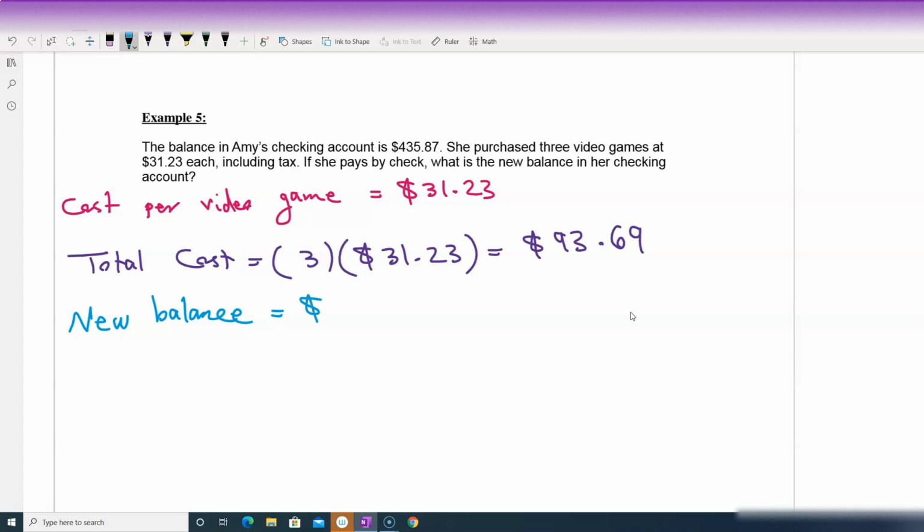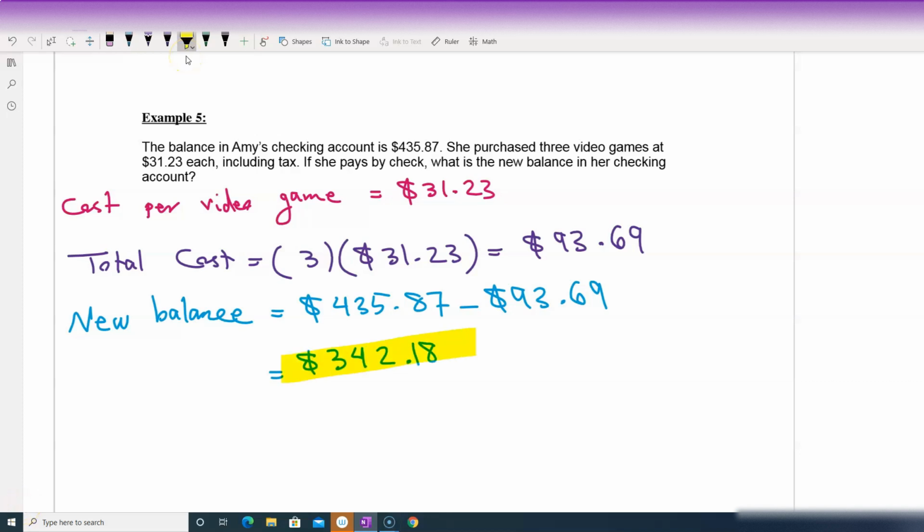Here we had 435.87, and we have to subtract this one to find the new balance. The answer is $342.18 is the new balance.